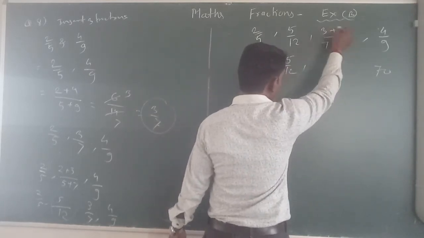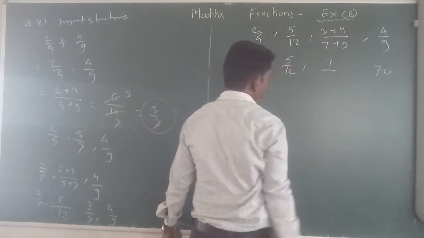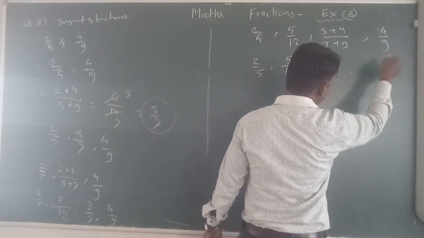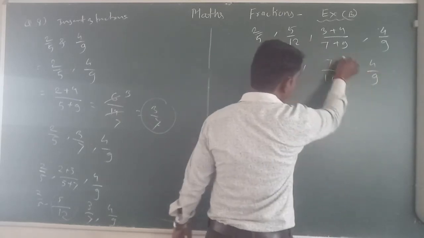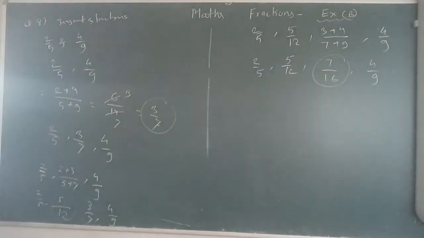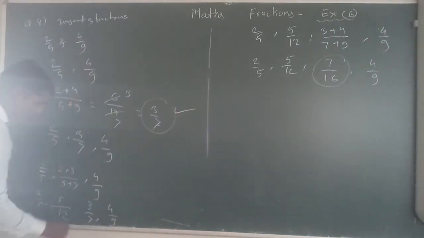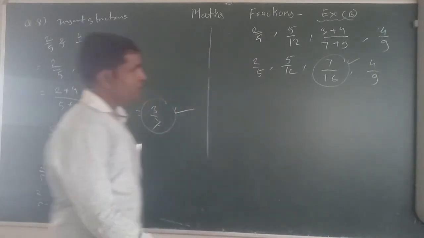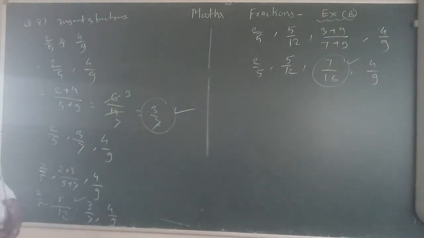Addition 3 plus 4 is 7, 7 plus 9 is 16, and this is the 4 upon 9. That means here we have inserted this. So in how many places we have done the circle? This one, here first, second and third one.